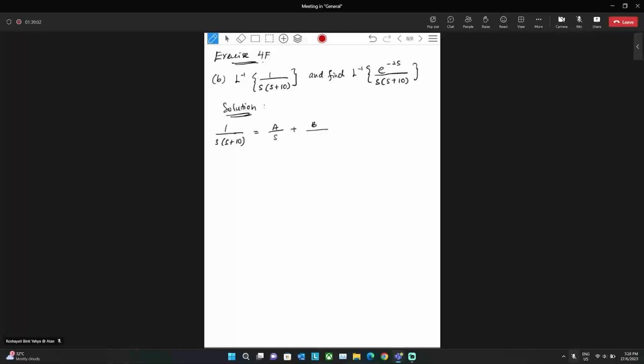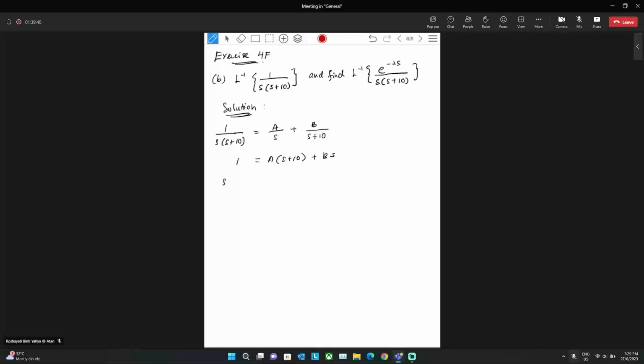Because the denominator is to the power of 1, here the power of S to the power of 0 equal to 1. So 1 equal to A(S plus 10) plus B(S).